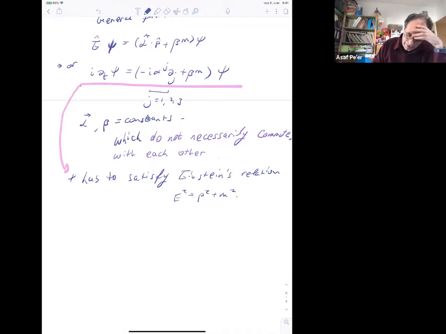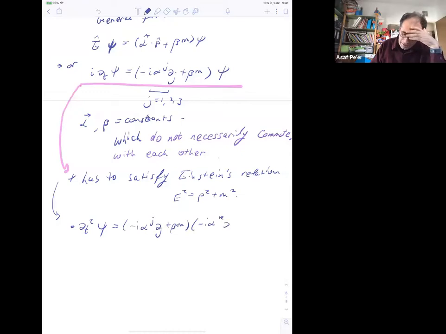So I end up getting minus dt squared of psi is minus i alpha j dj plus beta m, times minus i alpha k dk plus beta m, psi. That's a new wave function that I have here. I take d over dt of that. This is just equal to that, so I just put this equation again inside. You all with me?